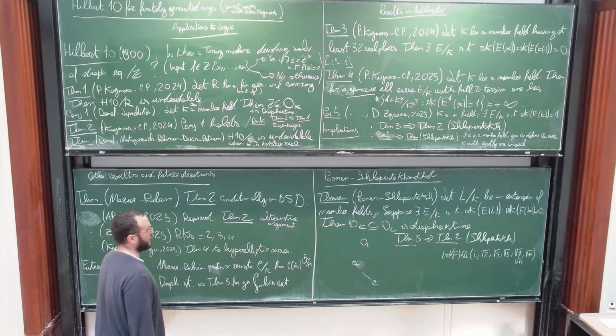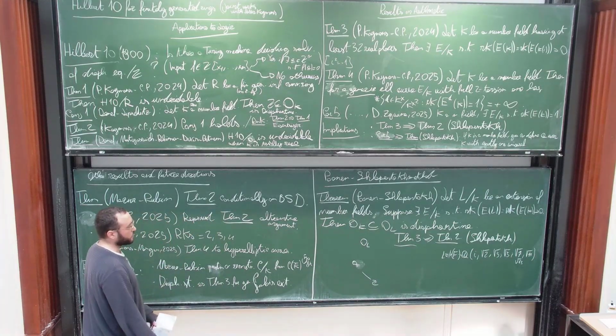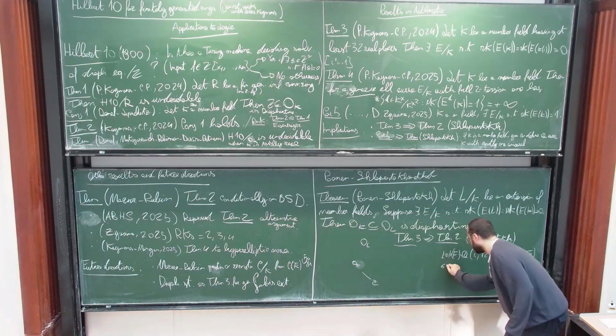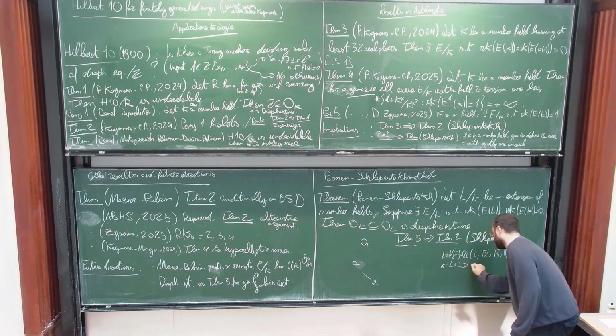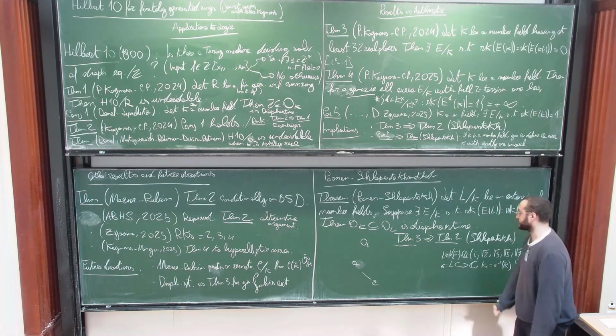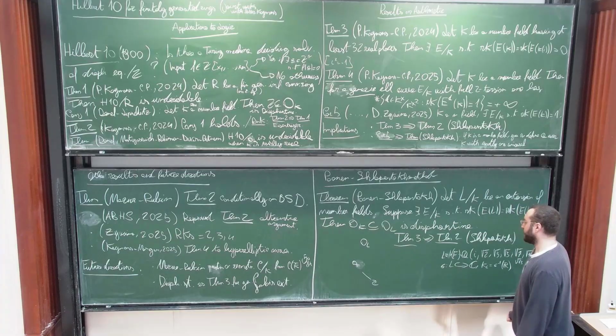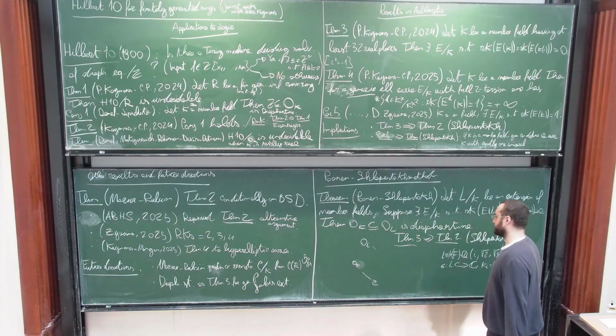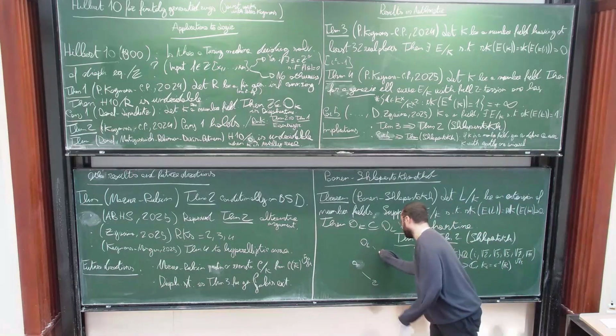So L now is a Galois extension of Q, and what you do is, for any embedding of L in the complex numbers, you define K sigma to be the decomposition field for that embedding, so the inverse image of the real numbers, and you take the fixed field under that decomposition at infinity.